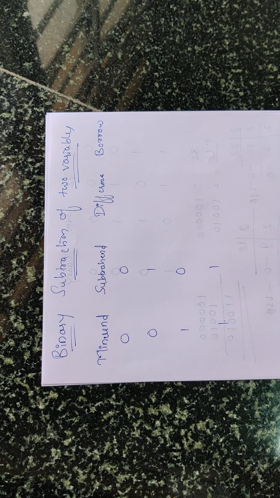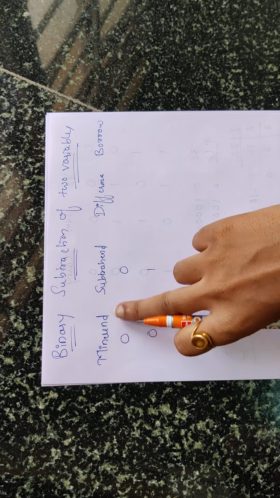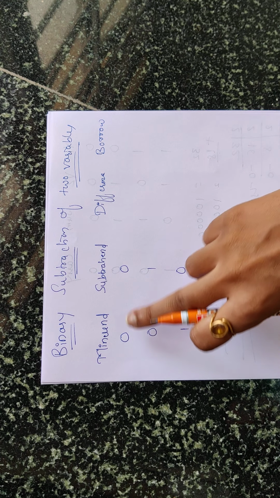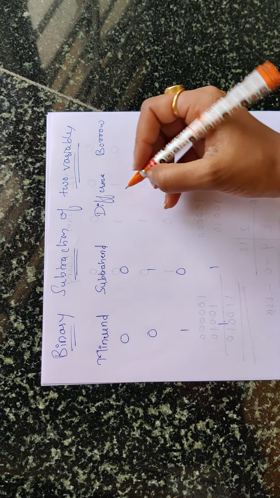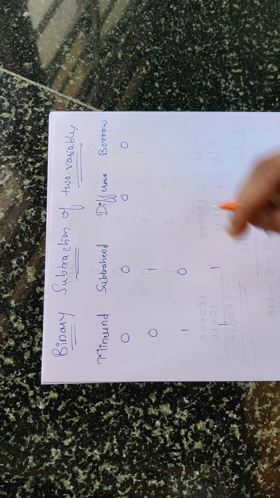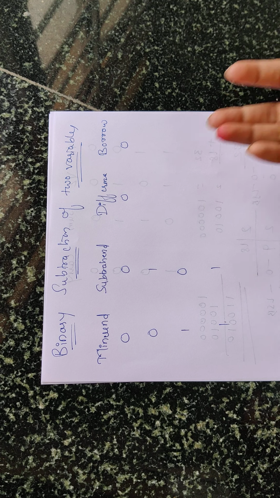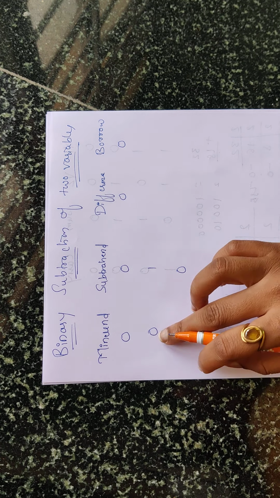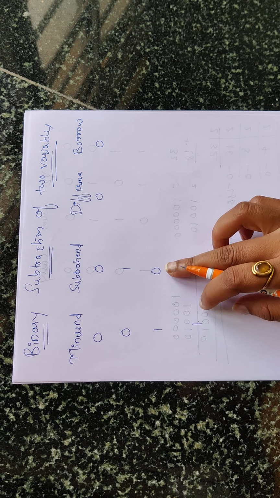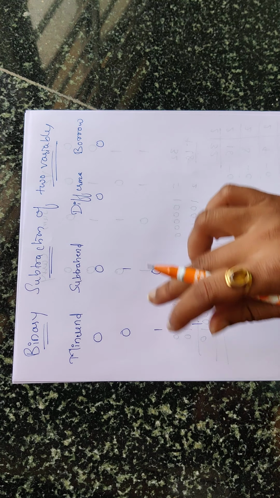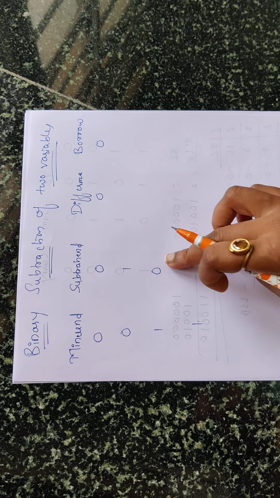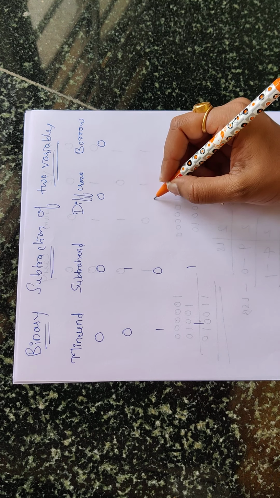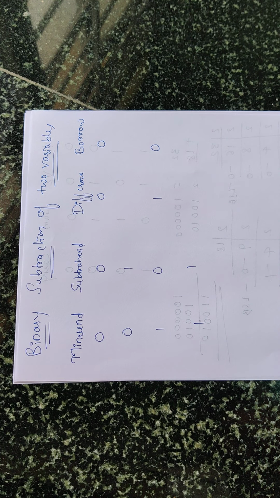The combinations for your subtraction, that is minuend and subtrahend. Minuend 0, subtrahend 0: 0 minus 0, difference is 0, borrow is 0. When you are subtracting two zeros, obviously your difference is 0 and your borrow is also 0. Now 1 minus 0: when you are subtracting 0 from 1, the difference is 1 and the borrow is 0.